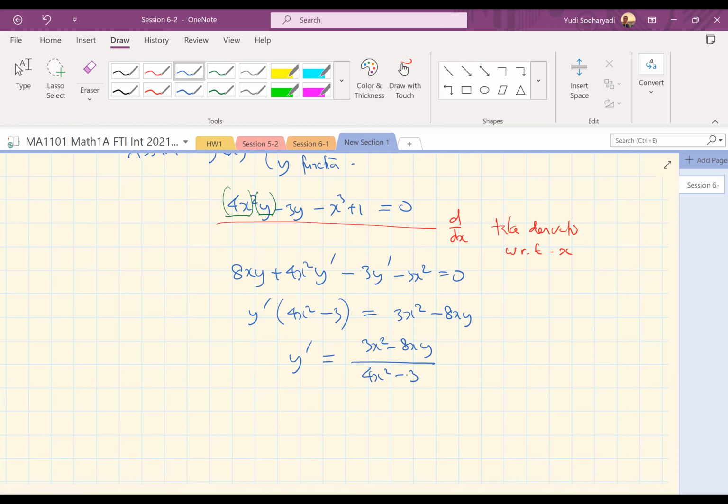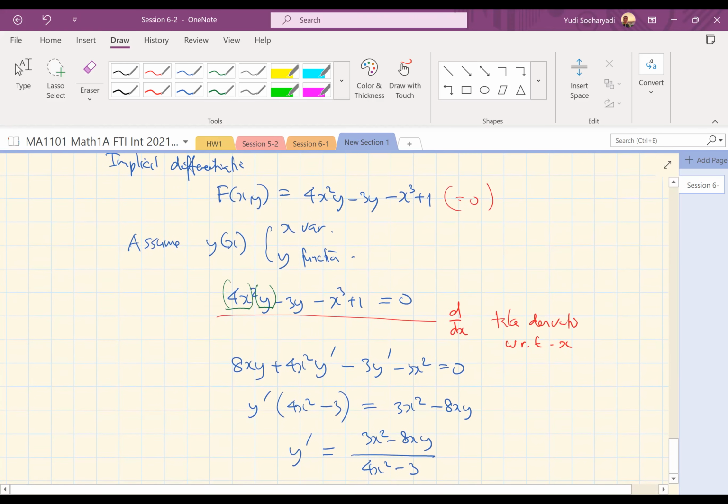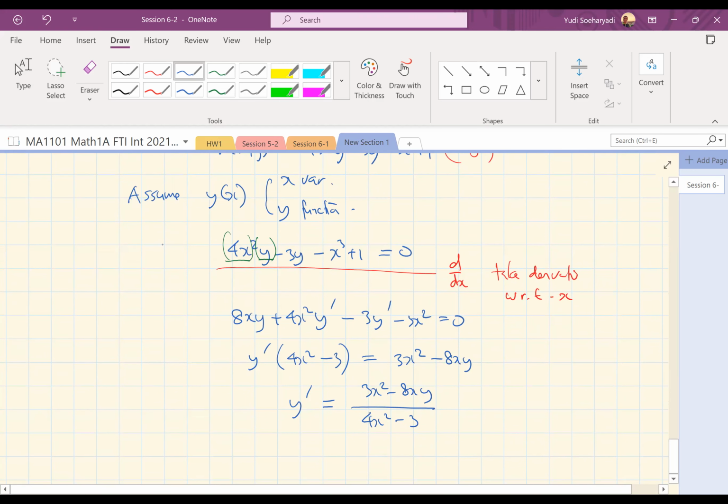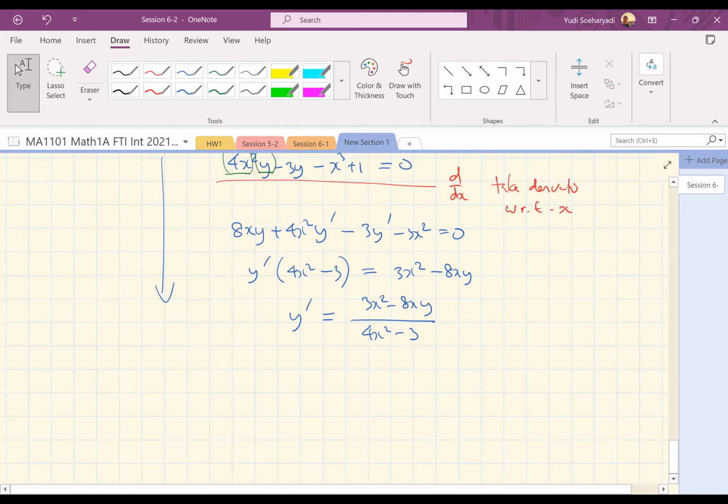Okay. So this trick is called implicit differentiation. In implicit differentiation, you don't need the function to be explicit.